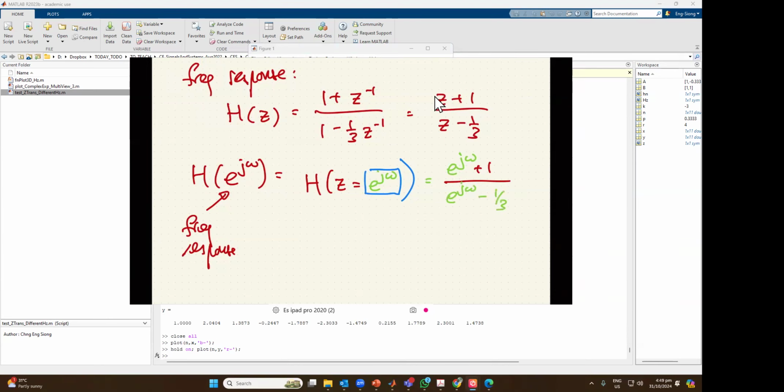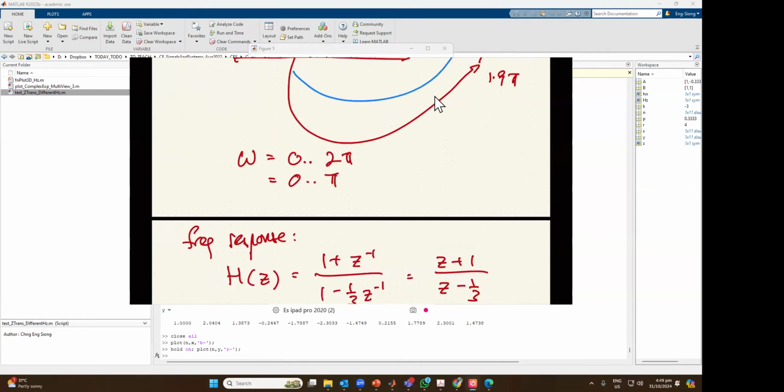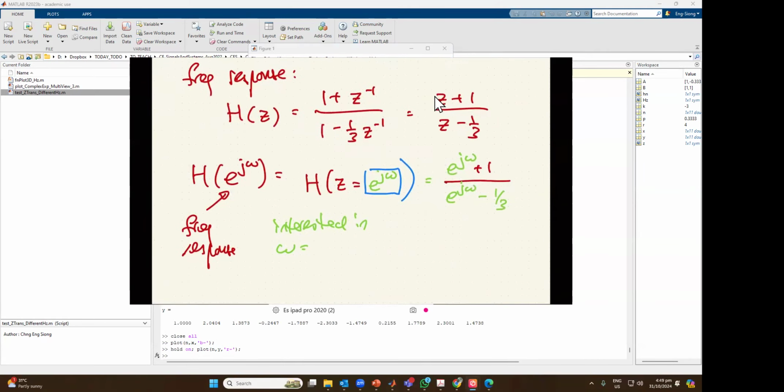So now I'm interested in what? Where? Omega equals to? What was my question in the previous one? 0.25 pi. Correct? And now what do I do?